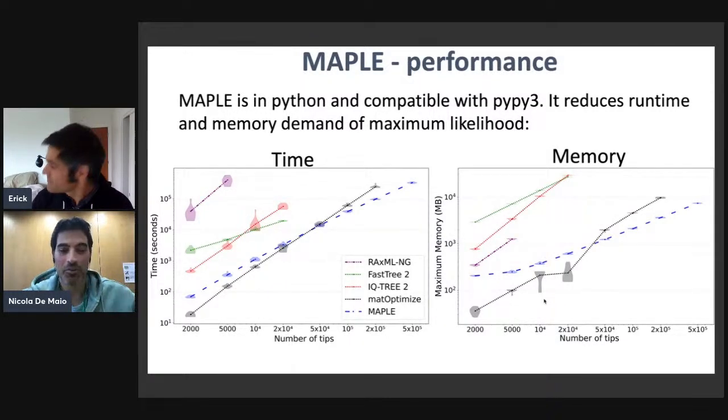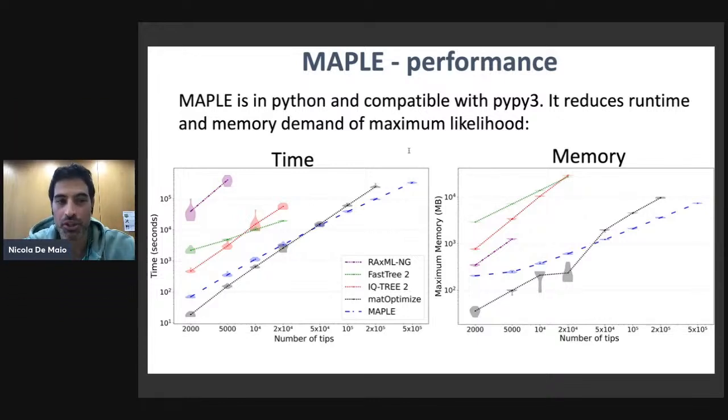Okay, so all of this put together, what does it mean? We implemented this approach in Python because it was convenient, and we are using PyPy3 to make it run fast. What we can see is that the memory demand, here on the right, is reduced by a large margin. What we get in the end is more or less similar to UShER.